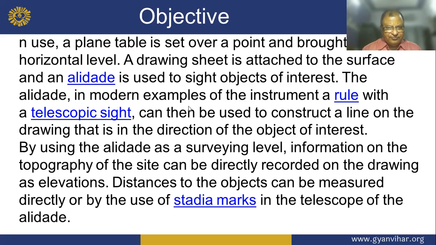By using the alidade at the surveying level, information on the topography of the site can be directly recorded on the drawing, including elevation. The distance to the object can be measured directly or by the stadia marks in the telescope of the alidade.